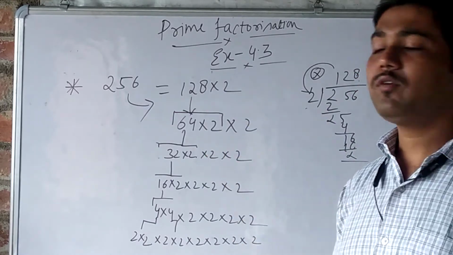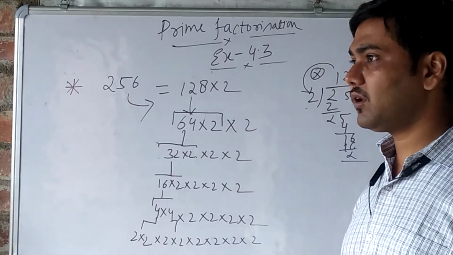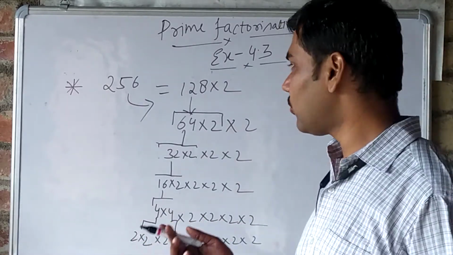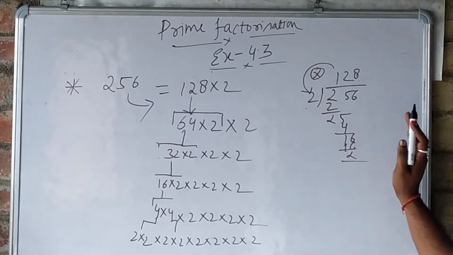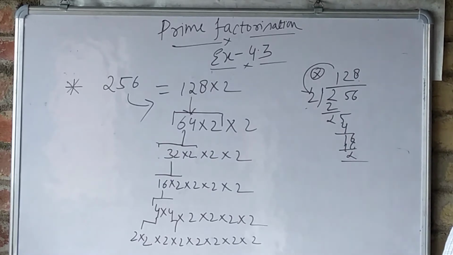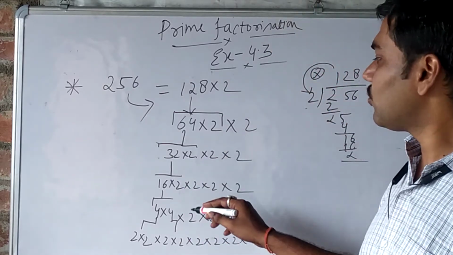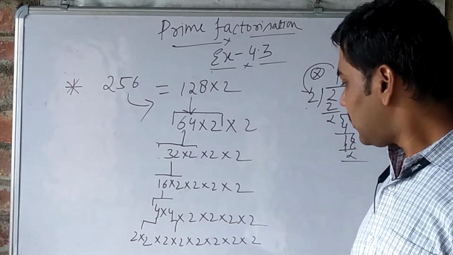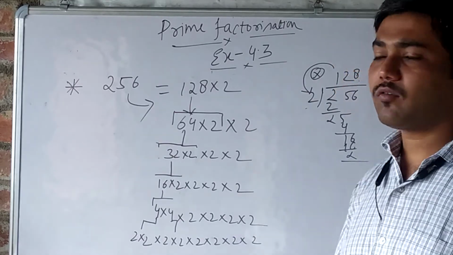When we do not know by which number the value will divide, that is, on which table it will lie, then we do not have any option, we have to divide by 2. If it is not completely dividing by 2, try with other prime numbers like 3, 5, 7. By dividing slowly, we have to reach the prime factors of all.